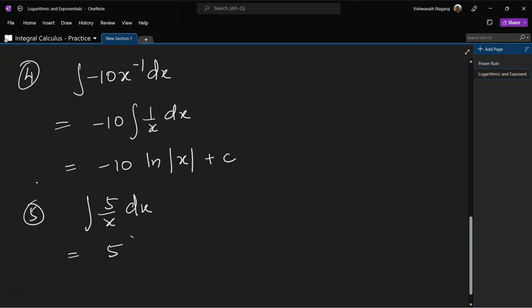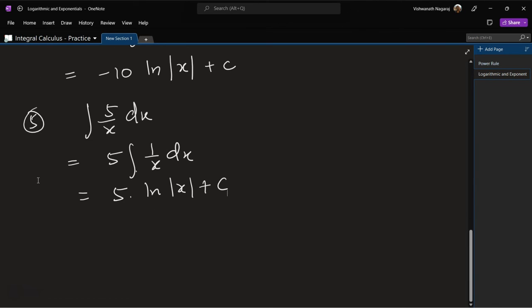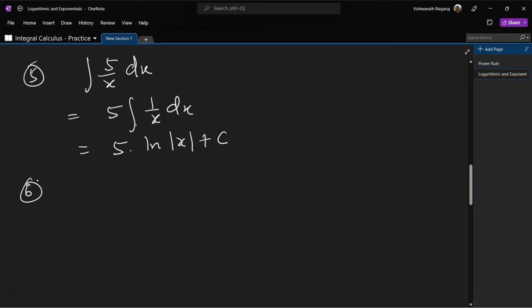This gives us 5 integral of 1 by x dx, which is equal to 5 natural log of absolute value of x plus c. Pretty straightforward. The simplest case would be integral of 1 by x dx, which we know is going to be natural log of absolute value of x plus c.